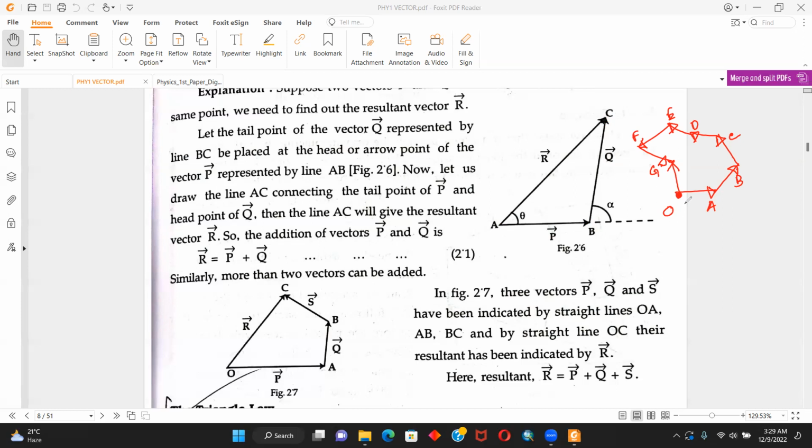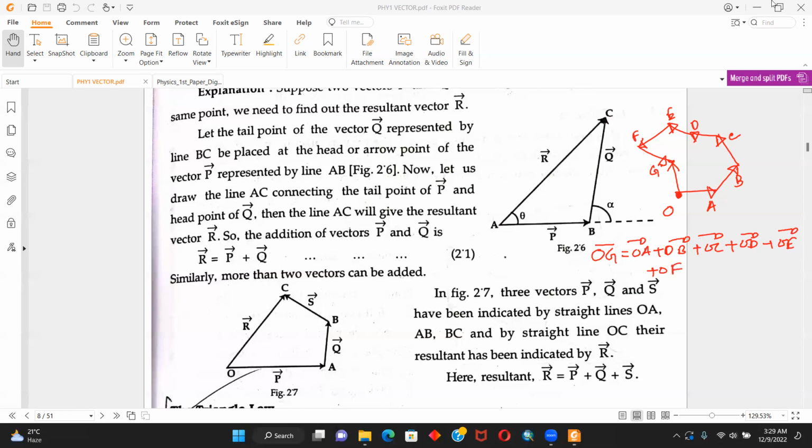If I put it in words or in an equation, it would be something like the OG vector plus the OA vector plus the OB vector plus the OC vector plus the OD vector plus the OE vector plus the OF vector.